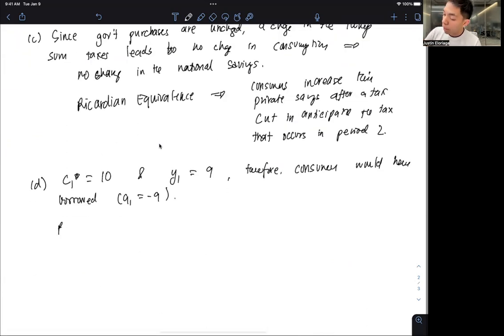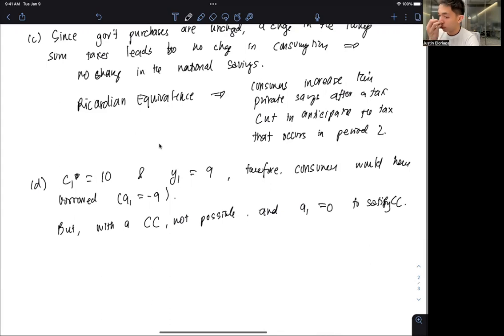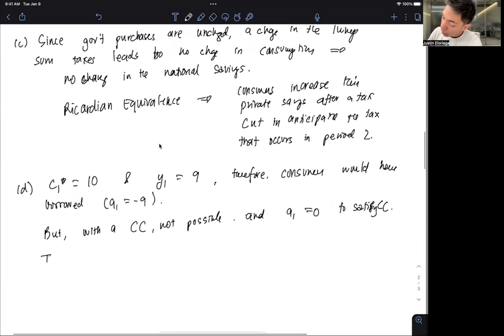But with a collateral constraint, that's CC, a credit constraint or collateral constraint, it's not possible, and A1 must be equal to 0 to satisfy this credit constraint, CC.